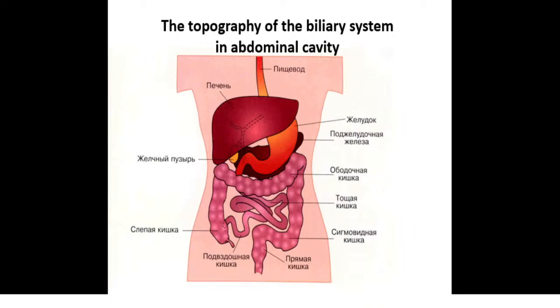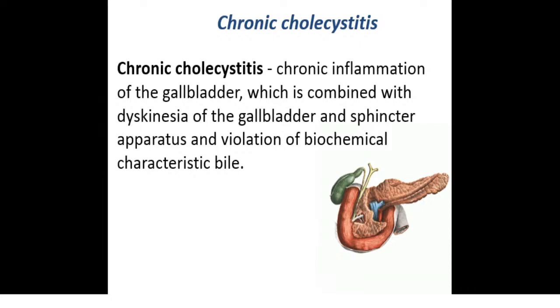And you remember the topography of the biliary system in the abdominal cavity, because it is very important where these organs are located and where we can determine different changes. Chronic cholecystitis is chronic inflammation of the gallbladder, which is combined with dyskinesia of the gallbladder and sphincter apparatus, and violation of the biochemical characteristics of bile.